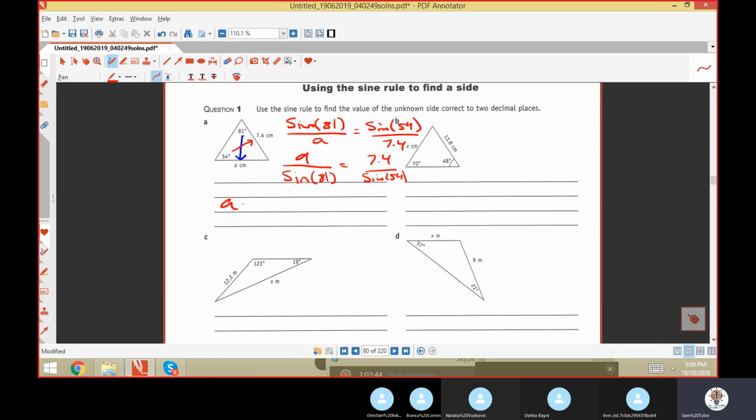Oh, right, I see. 7.4 over sine 54 times sine 81. Now you don't necessarily have to flip both of them. What I like to teach is whenever you want to find the angle in sine rule, you use this one, but if you want to find the side specifically, you use this version. But these two versions are the same. You follow or you don't follow? Let me wrap this one up.